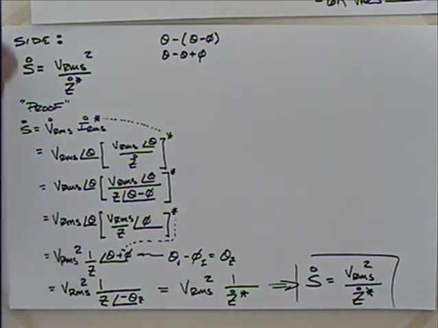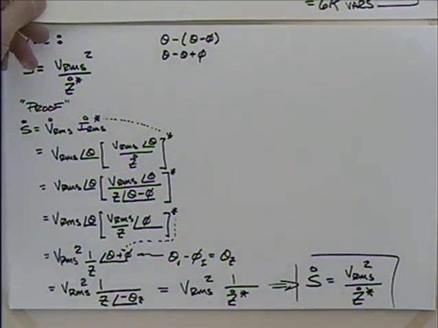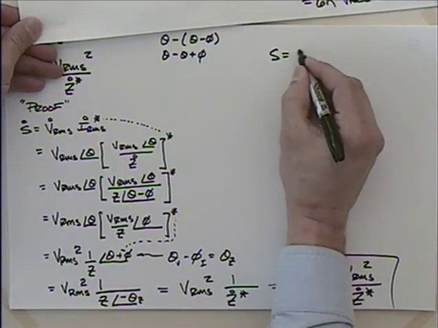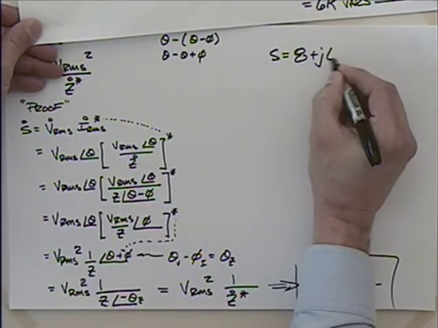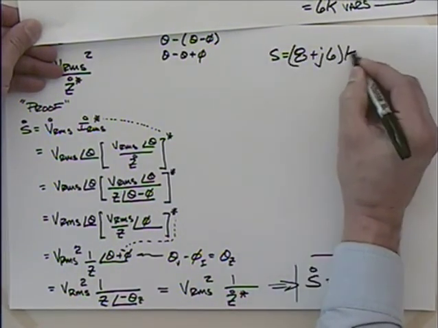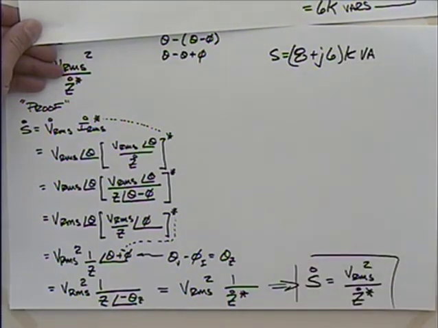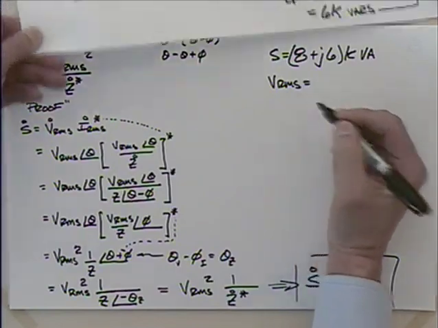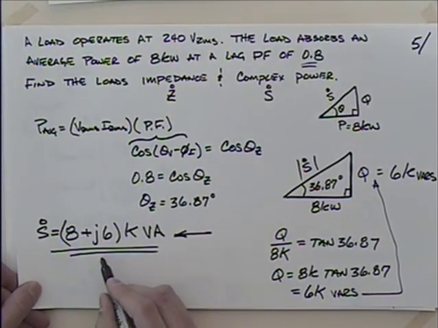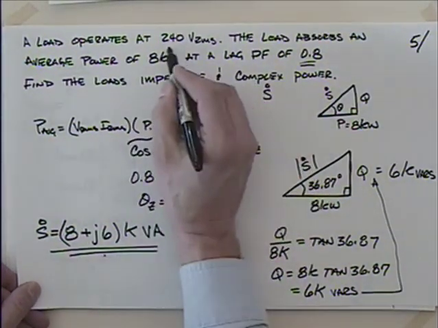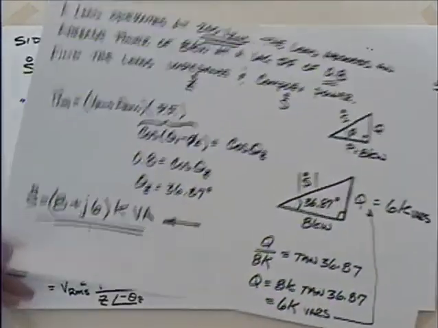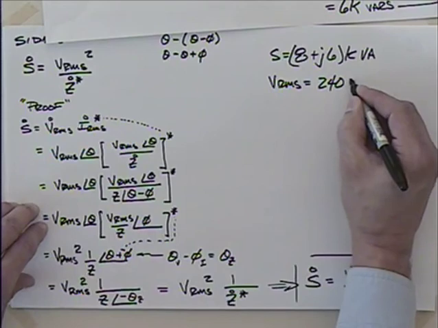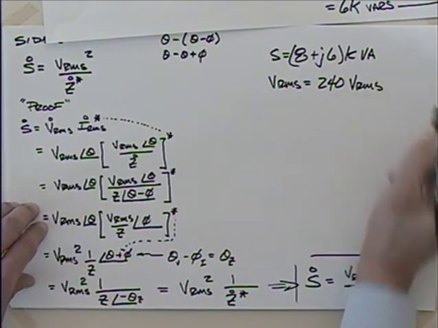So does that work in our particular problem? Our previous problem, we found S was equal to 8 plus J6, and that was kilovolt amps. And what was our VRMS? That was given in the problem, right? I mean, there's our S, where's our voltage? 240 volts RMS.